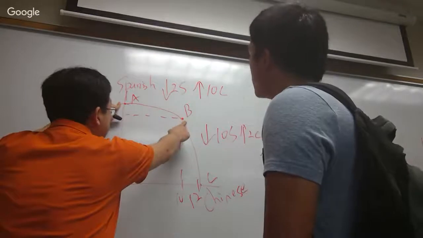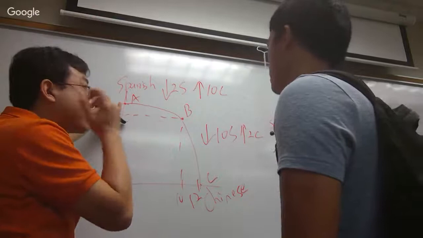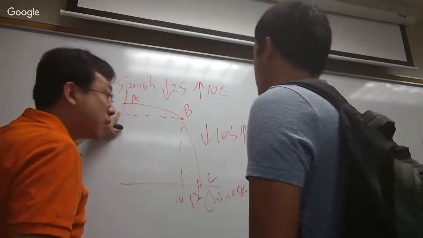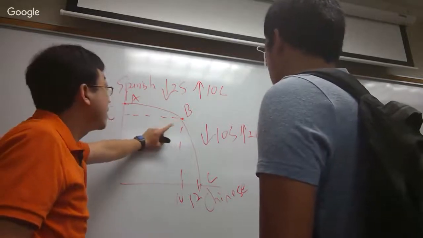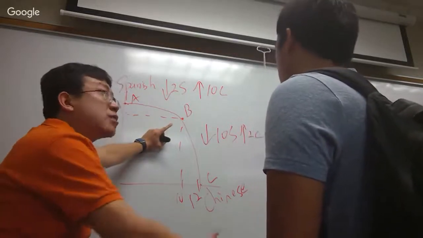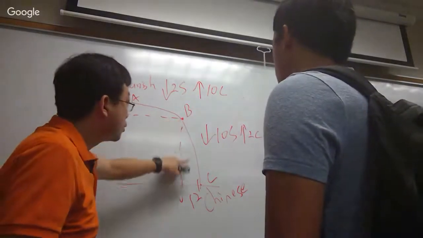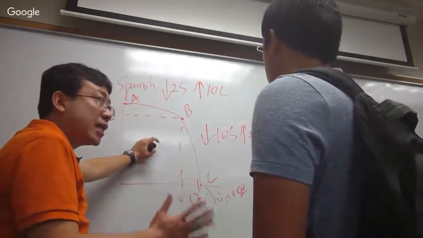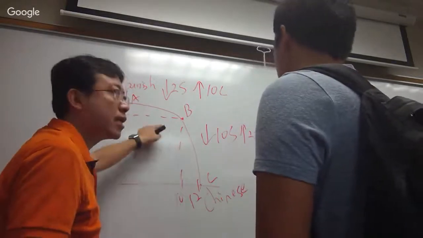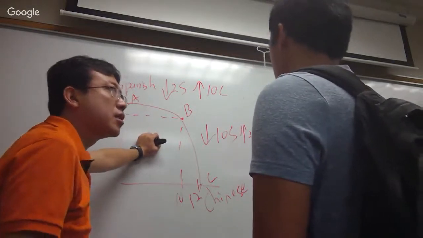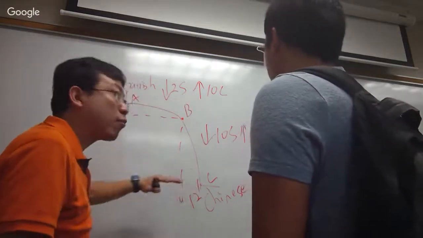Now, at point B, Gino still does Spanish, but I do Chinese. If I do Chinese, I will lose 2 Spanish, but I will gain 10 Chinese. So this is the most efficient point, right? But if we still want more Chinese paper, Gino will switch from doing Spanish to Chinese. But she's not very efficient in Chinese paper, so when she switches, she will only gain 2 Chinese, but she will lose 10 Spanish. That's why it's inefficient. That's why the cost of Chinese paper increases the more Chinese we produce.